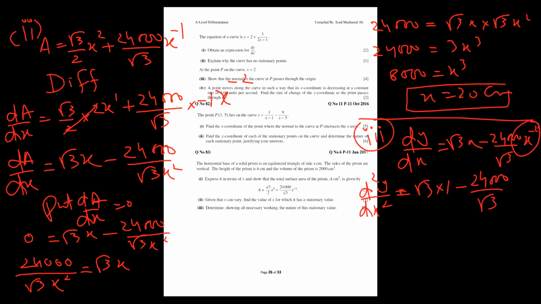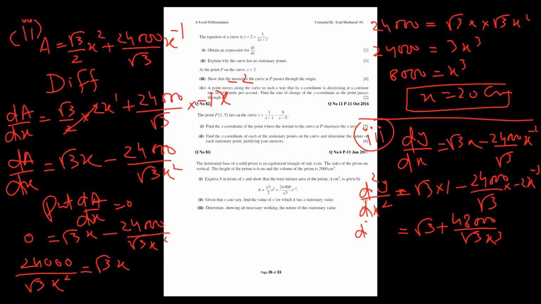And x to the power minus 2: I bring the power down and the power becomes 1 less. Negative 2 comes down, the power becomes negative 3. Simplifying further, this minus and this minus become plus, and this 2 into this one gives 48,000 divided by root 3, and x cubed comes into the denominator with positive power 3.